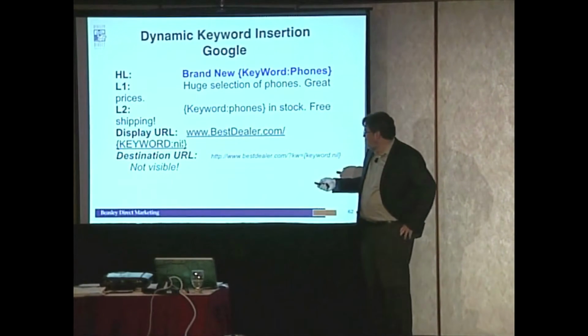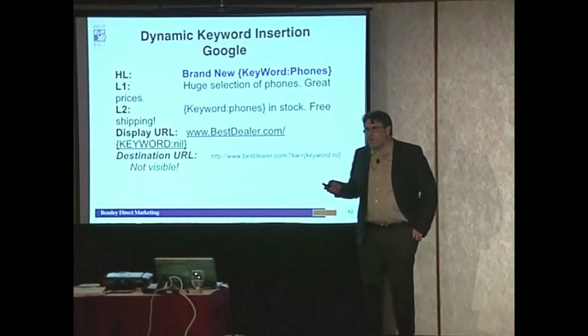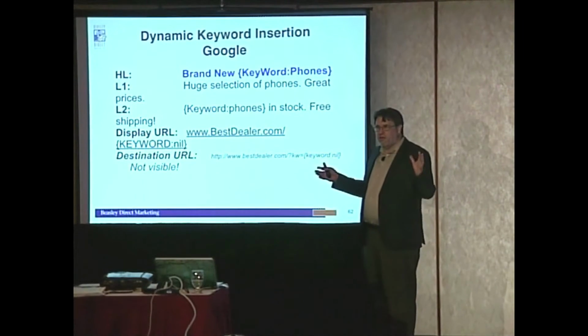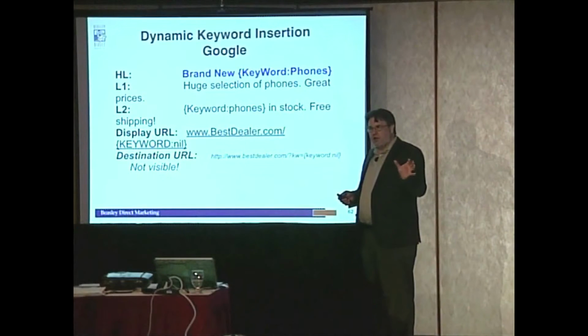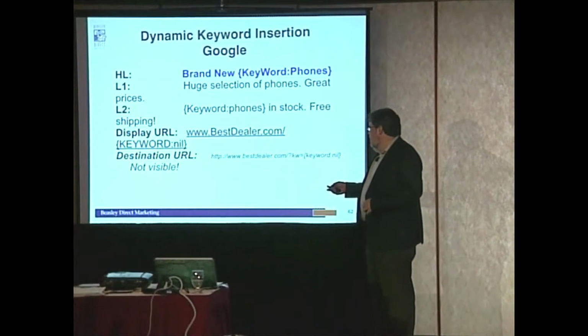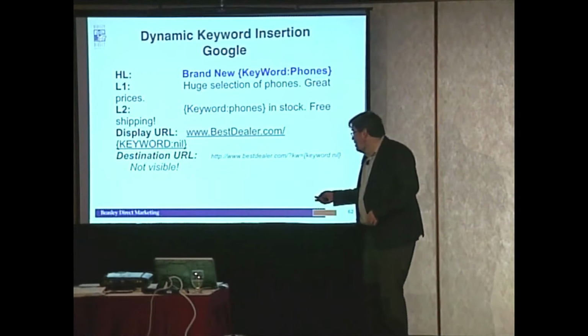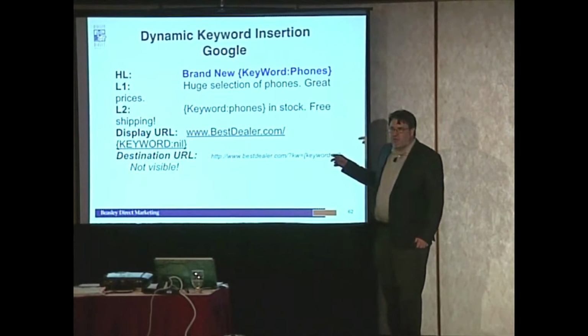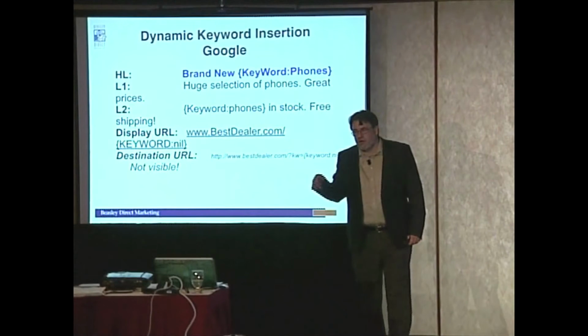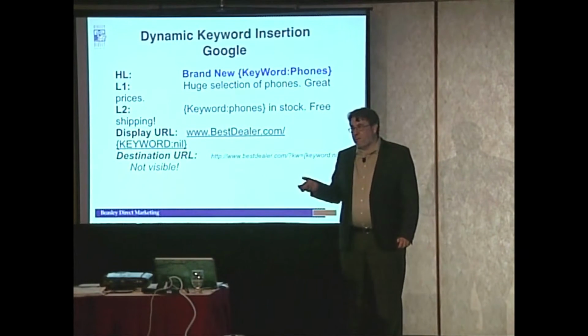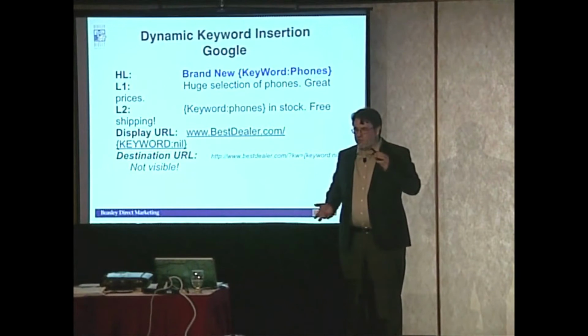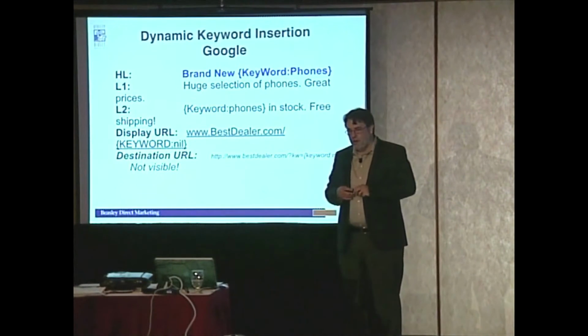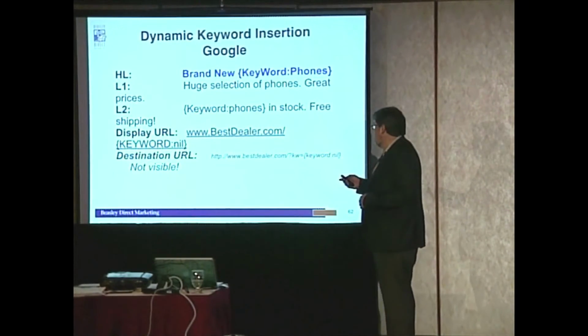And this nil here is, if my keyword drives me over the length, I'm just telling Google not to put anything there. And then my destination URL, I'm actually plugging the keyword into the destination URL, and if my website is set up, it can actually take that keyword, generate a search, and give you a search results page on your website. So that can be pretty cool.